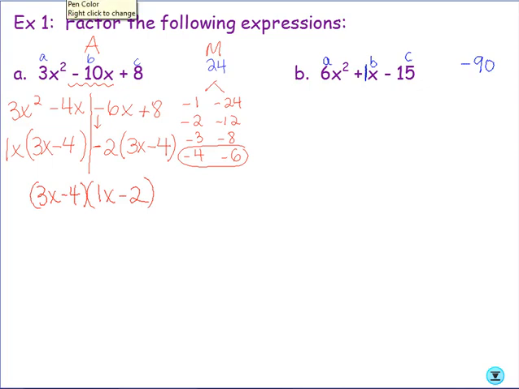After we multiplied, we labeled. We are looking for two numbers that multiply to give us negative 90 and add to give us a positive 1. Let's make our list.